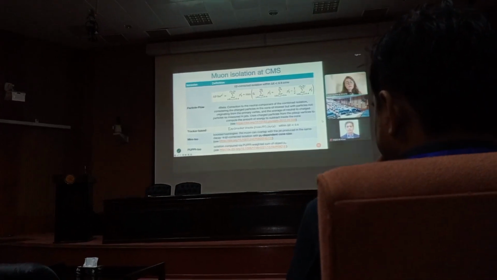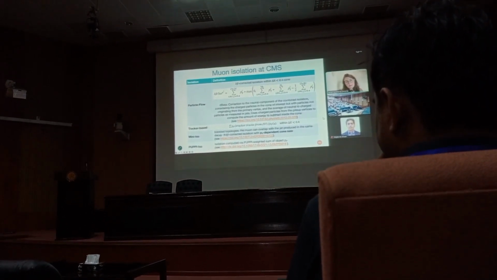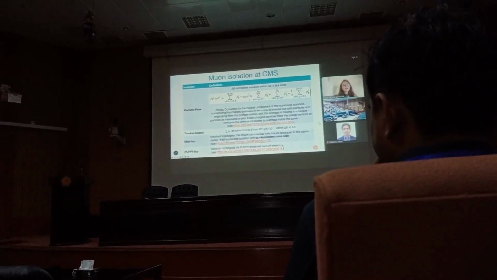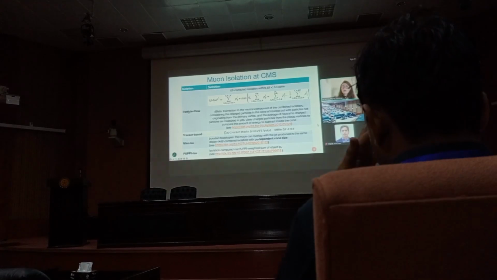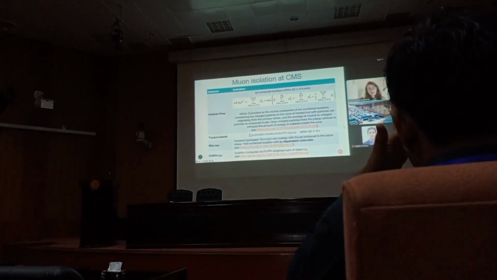Then, let's say the most commonly used isolation is the particle flow isolation. You can see the formula here.